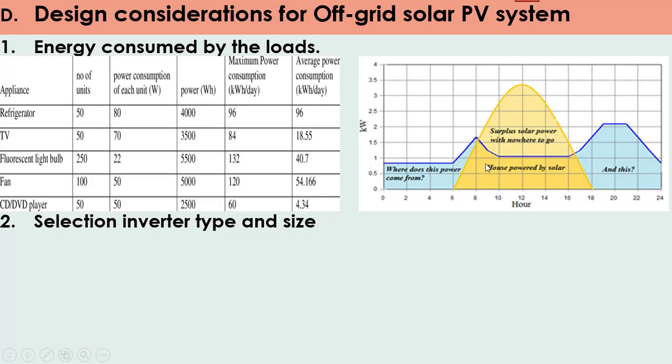This yellow curve represents the generation of our solar system, and this represents the energy consumed from the battery starting from midnight till 6 o'clock, and also at evening time the energy required for the appliances will be drawn from the energy stored in the battery bank.